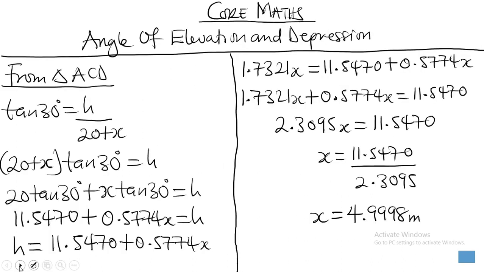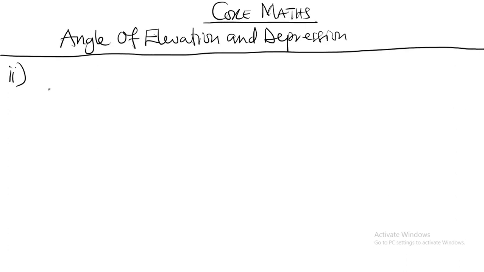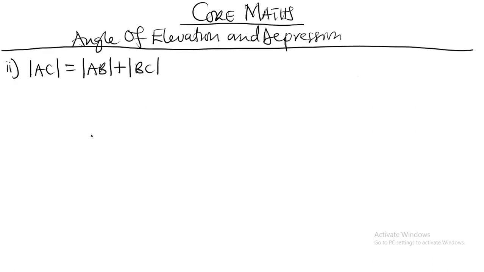So from the diagram, AC will be equal to AB plus BC.